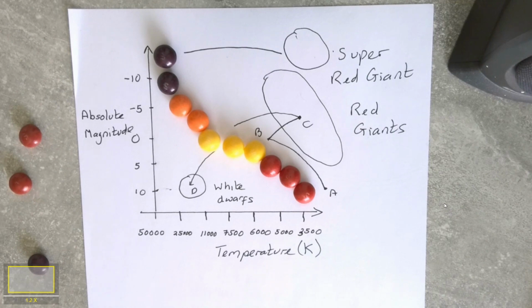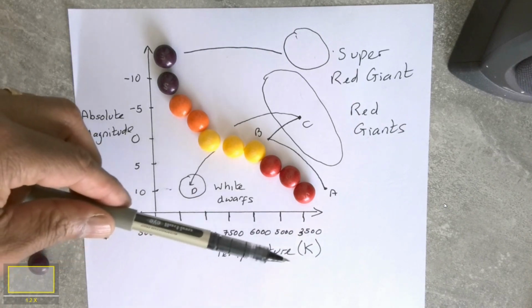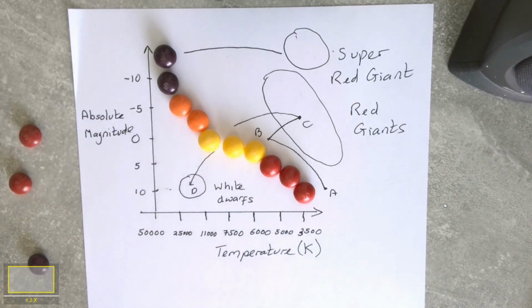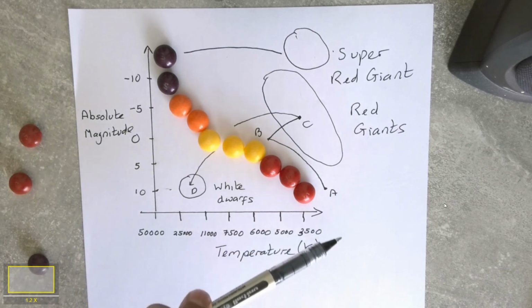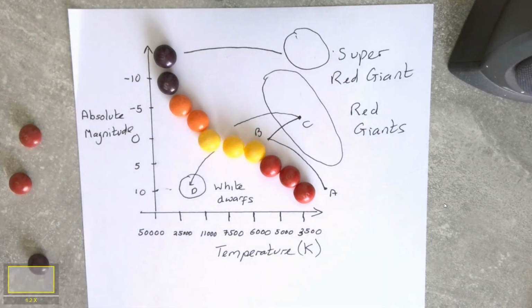It's quite an interesting way of looking at stars, and you have to understand how a star goes through its cycle and what absolute magnitude is. When you understand those things, you can then chart the life of a star like our sun using this diagram.